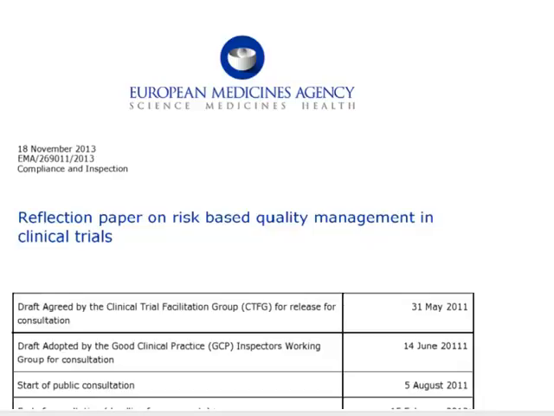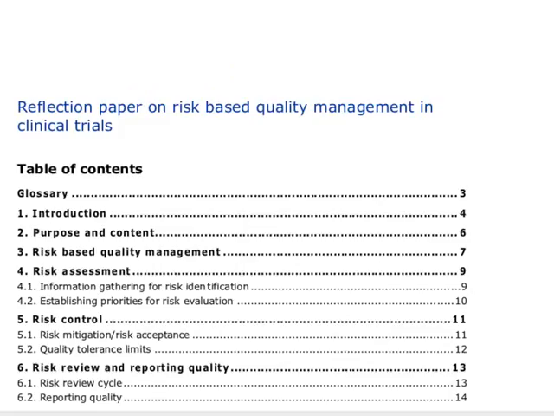And if you look just at the title of this document, if you're not familiar with it, or even if you've read it, just think about what this means: risk-based quality management. It's really, again, focusing on a very proactive approach in what we do.